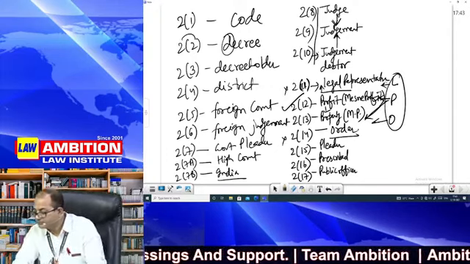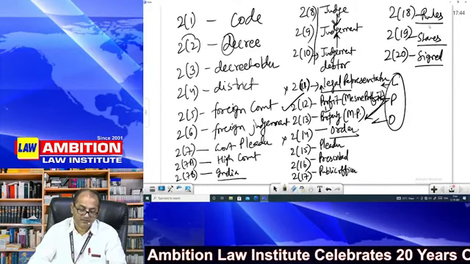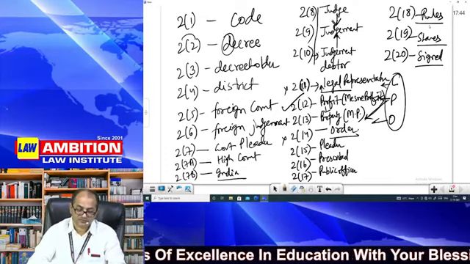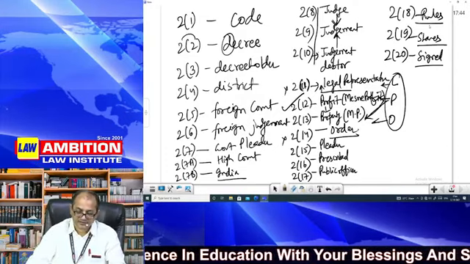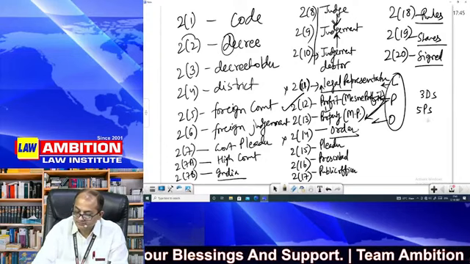So I hope you will develop such method: 3 Ds, 5 foreign, G high, judge, judgment, judgment debtor, and formula of 5 Ps, LPO, RSS. So just keep in mind 3 Ds, 5 Ps.